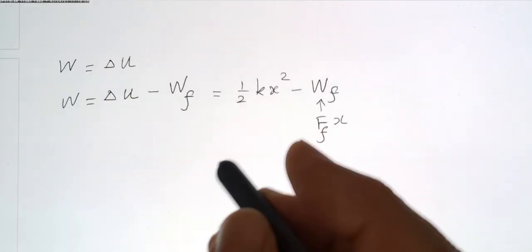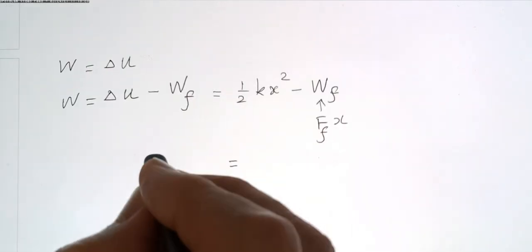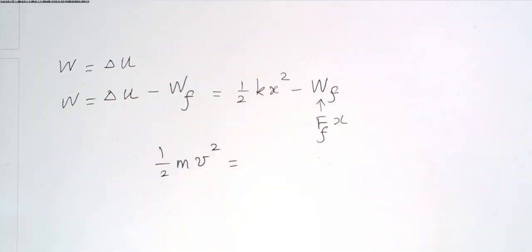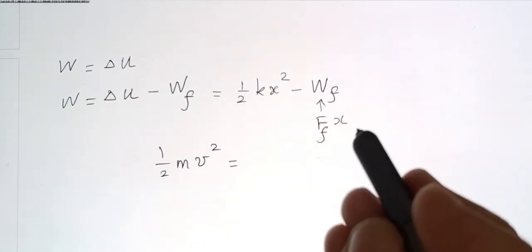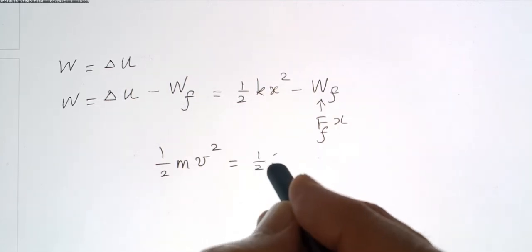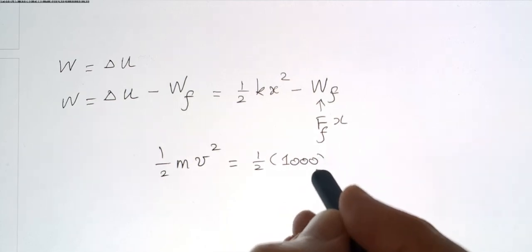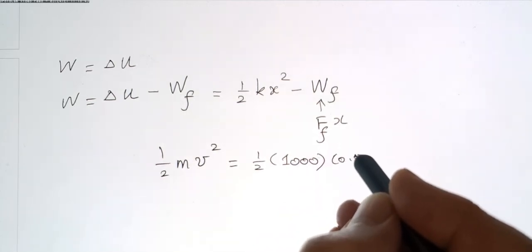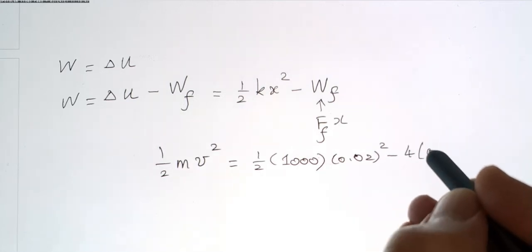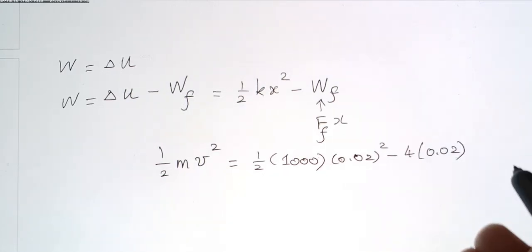Okay? And from this side we have half mv squared. So put the numbers. He told us the force of friction, 4 newtons.